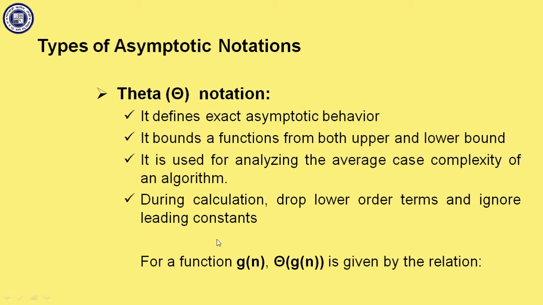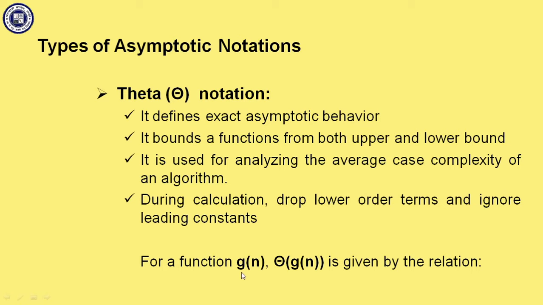Leading constants means suppose we have n being multiplied by 3, that is 3n. Then we will remove or omit this constant, that is 3, from the given equation. We will calculate all these things, we will see.